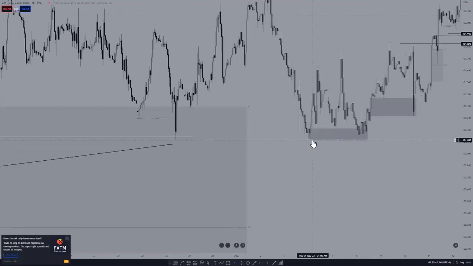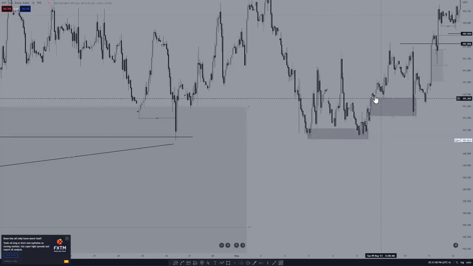Then I was expecting a break of structure, then probably a favorable gap to rebalance. Exactly that happened. Broke structure here, and I had this favorable gap to rebalance. Bought from it, aimed to take out this liquidity, took it out, then came back in here and filled this favorable gap around here.